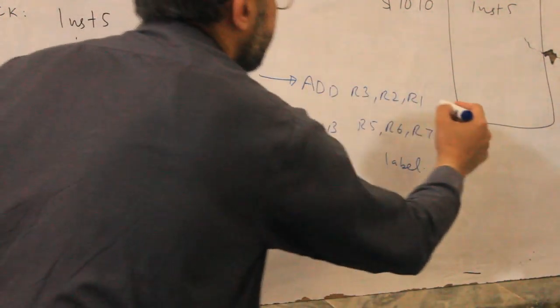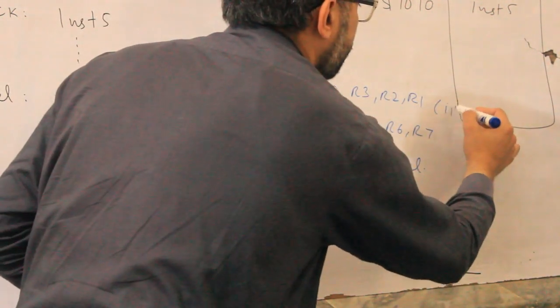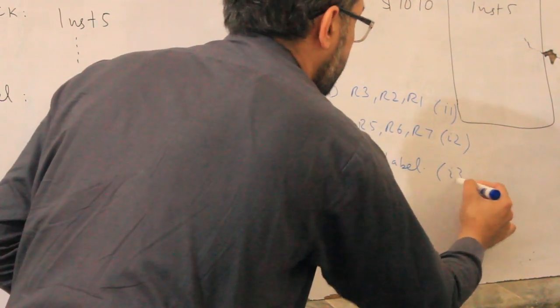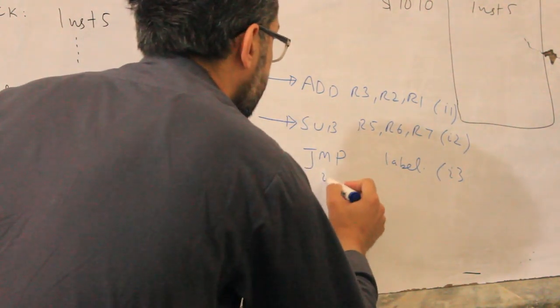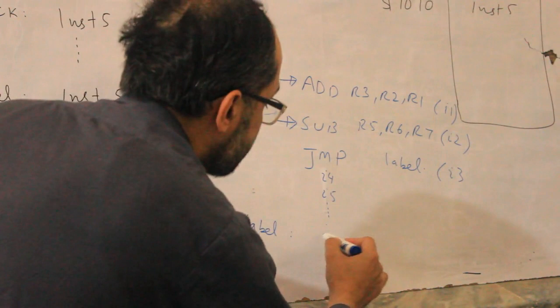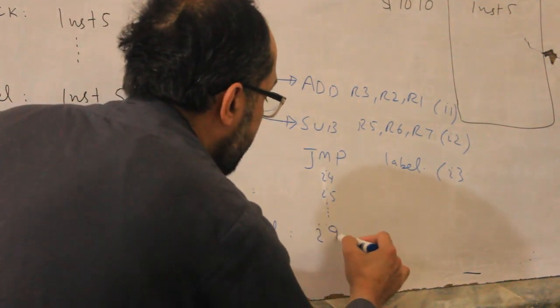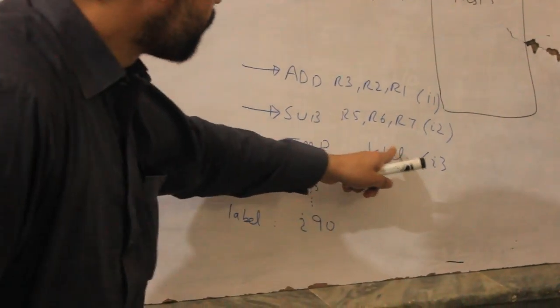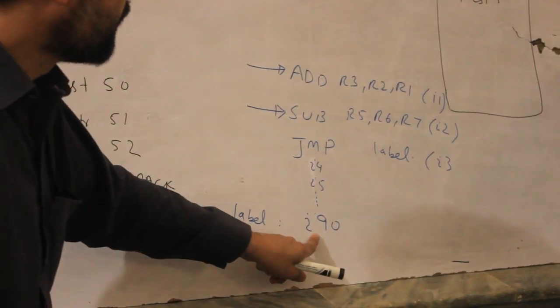So now if this is instruction 1, I1, this one is instruction 2, this one is instruction 3, followed by instruction I4, I5, and so on. And if this is an instruction I90, then on jump label, the control will be transferred to instruction I90.